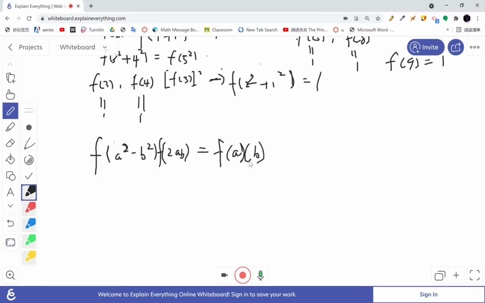And we know that f of a and f of b are equal to 1, then these two are always going to be equal to 1.